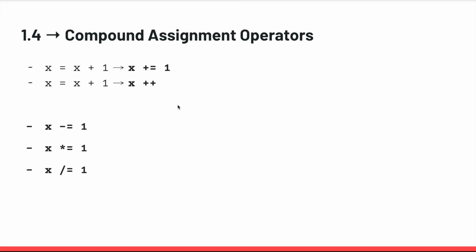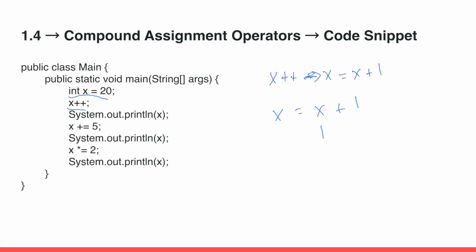Now, the next thing we're going to talk about is going to be compound assignment operators. That means that the current value of x plus 1 is going to be the new value of x. So let's say, for example, we have int x equals 20.